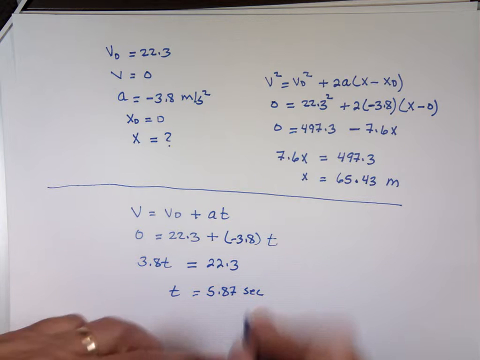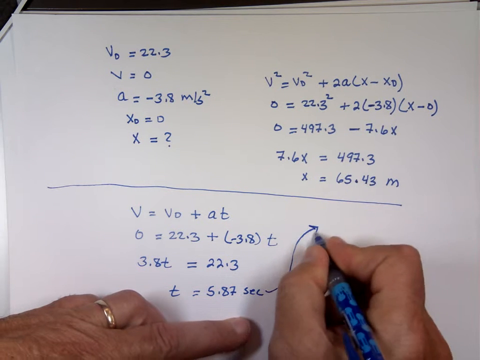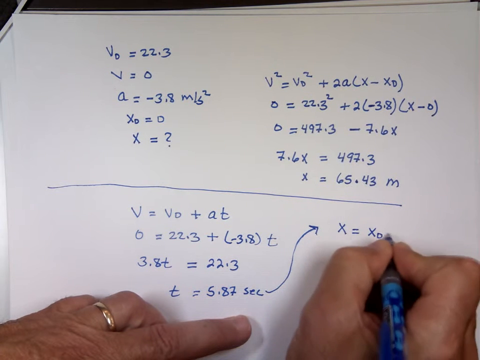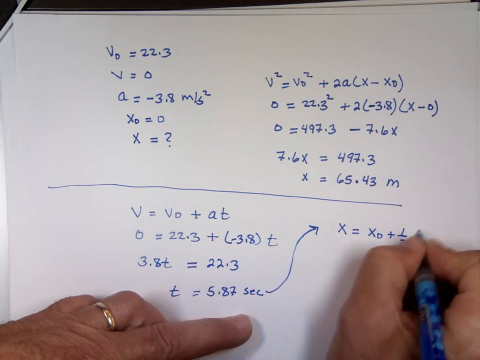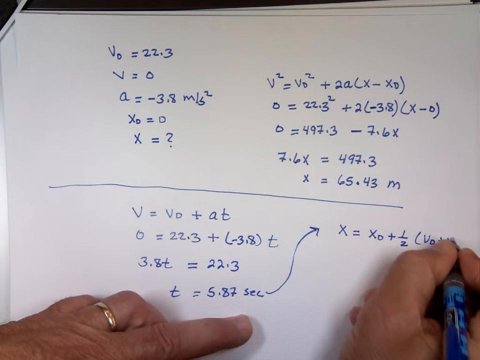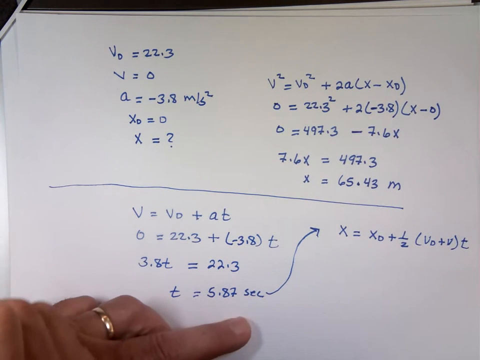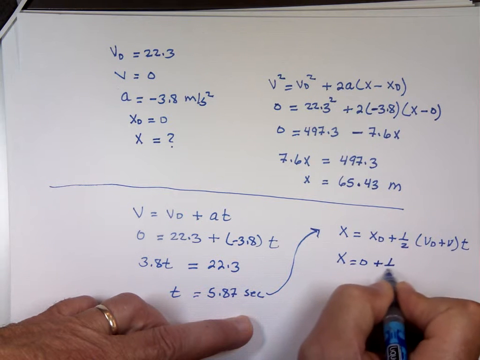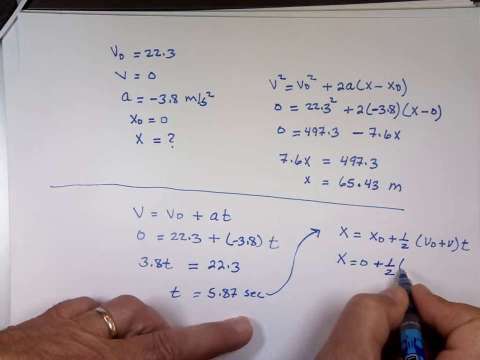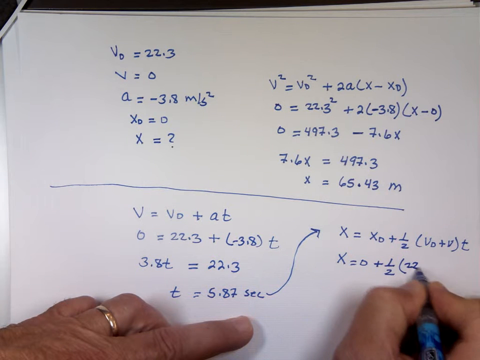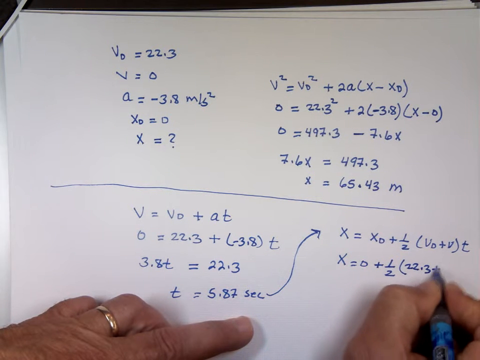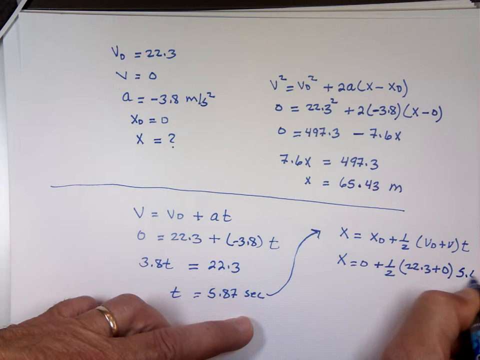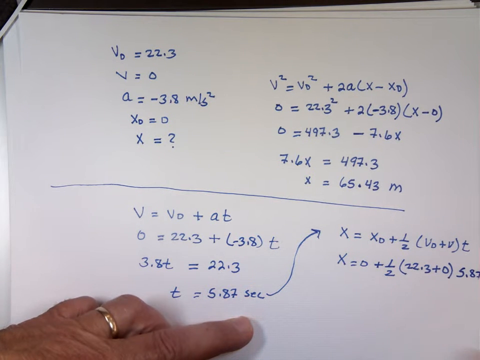Now, once I know that, use the third equation. I'm looking for x. I know this is 0. 1/2 times v0, the initial velocity, 22.3 plus 0, times the time, which I just found, 5.87. Does it show up there?